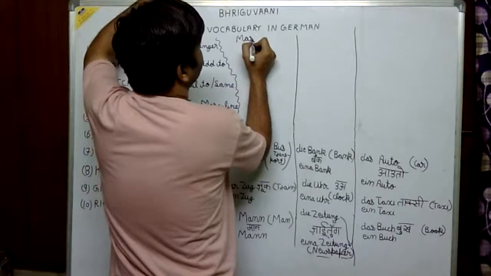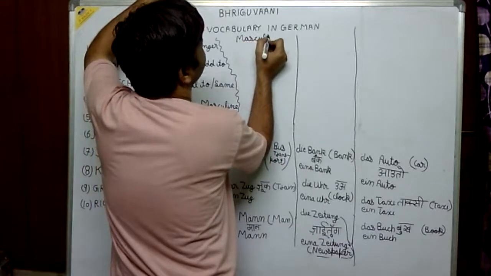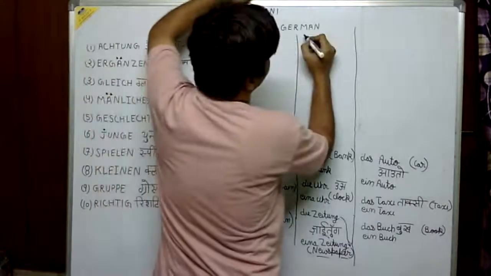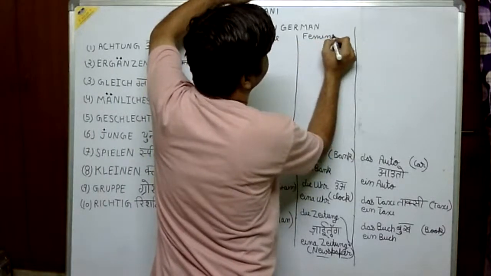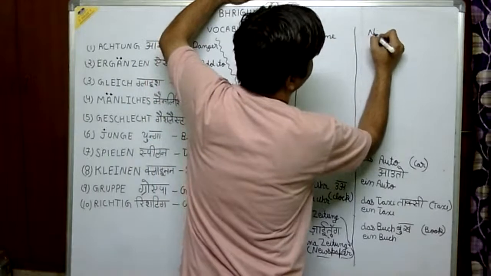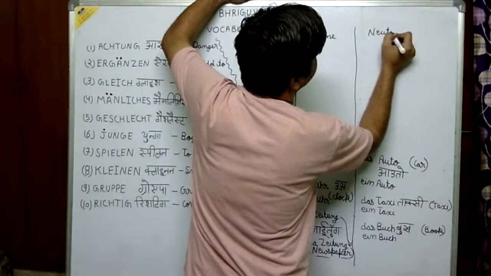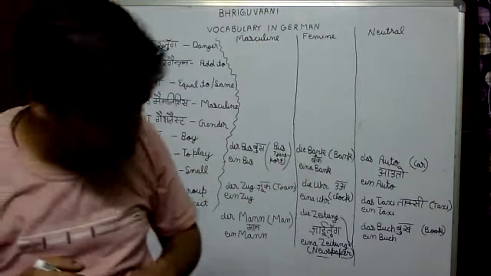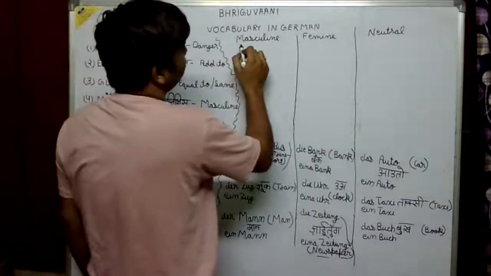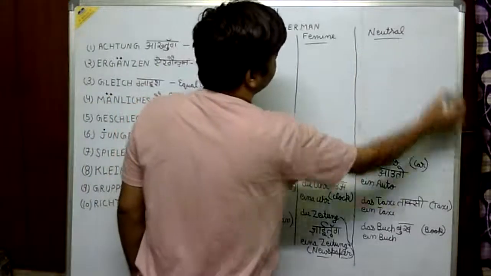Here I am going to write masculine words. Here I am going to write feminine words. And here I am going to write neutral words. Masculine, feminine, neutral.